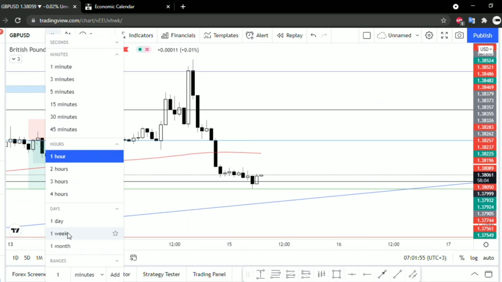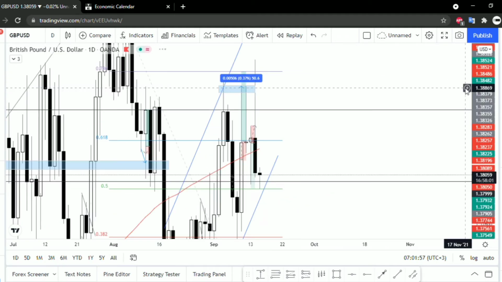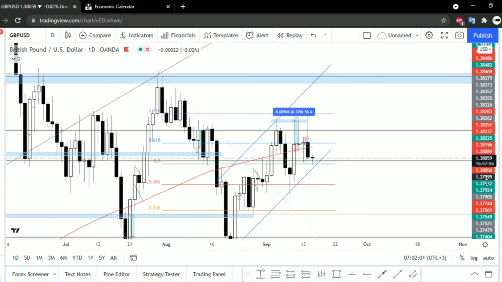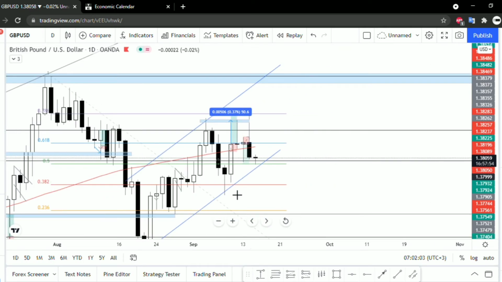So let's zoom back to the daily. Okay, so as you can see, if it doesn't break down below this level 0.5, which is actually confluencing with our lower trend line right here, it will go up all the way and probably hit this other trend line.